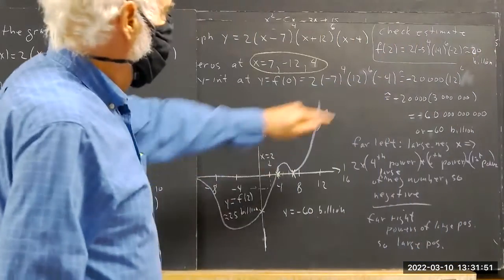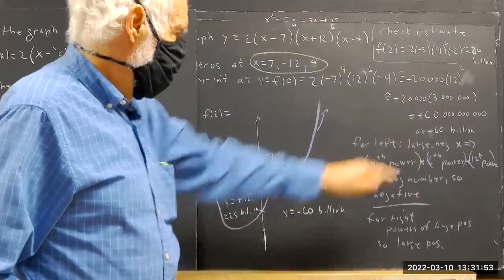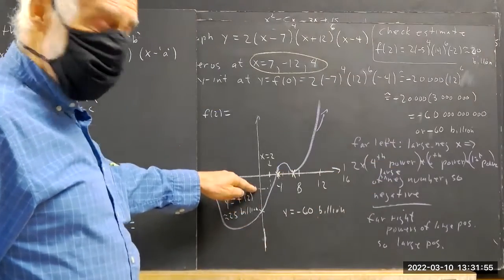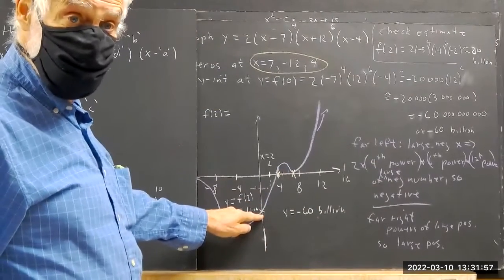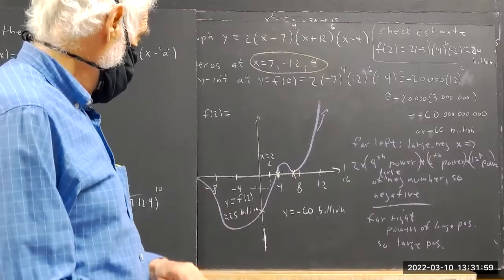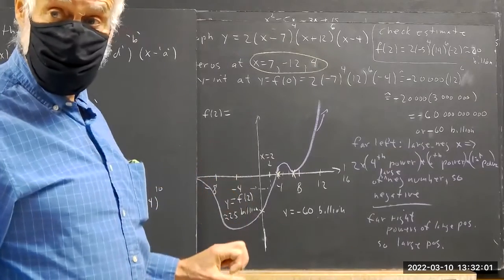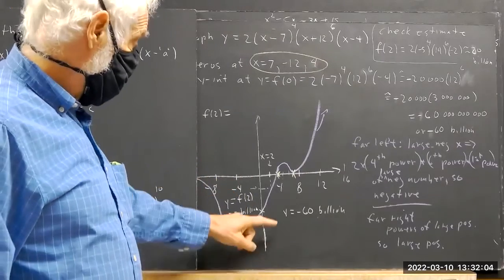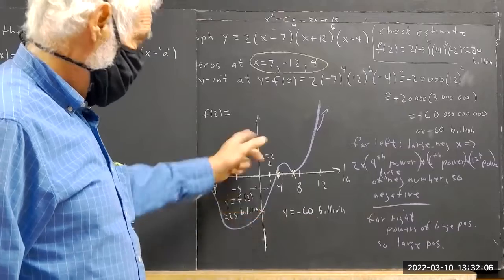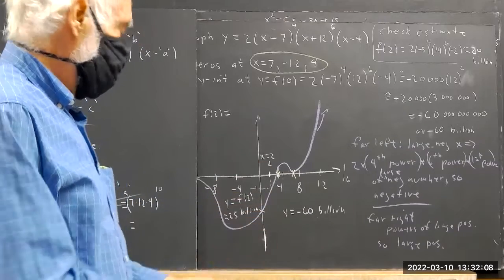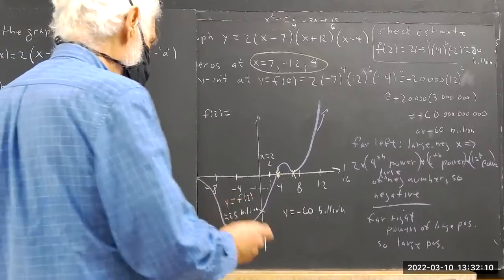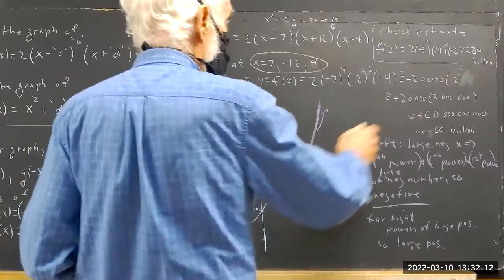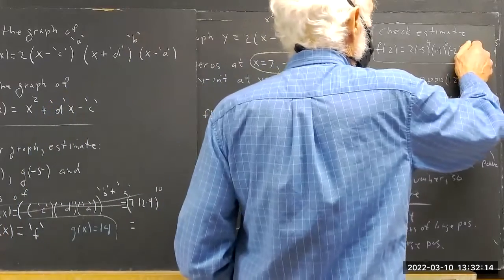In other words, if you calculate this in your calculator and label this and then estimate this based on this scale, do we see how 25 billion might be a pretty good estimate? And if this is 60 of something, negative 60, then this ought to be negative 25 on that thing. So that should be negative 25 billion.